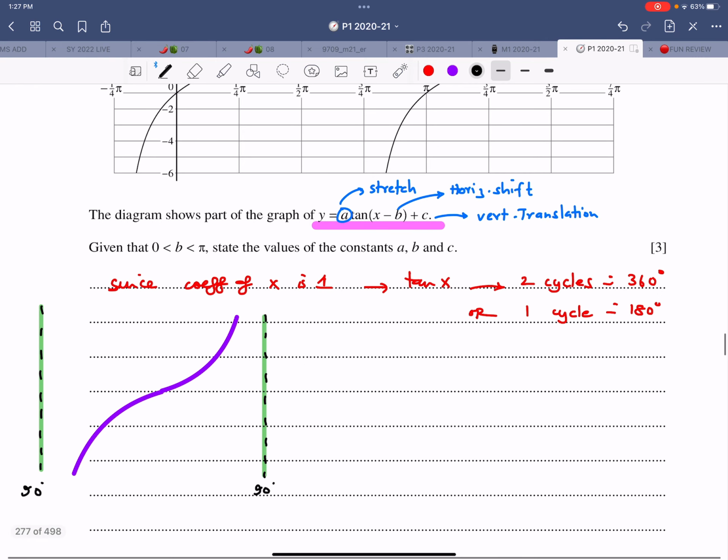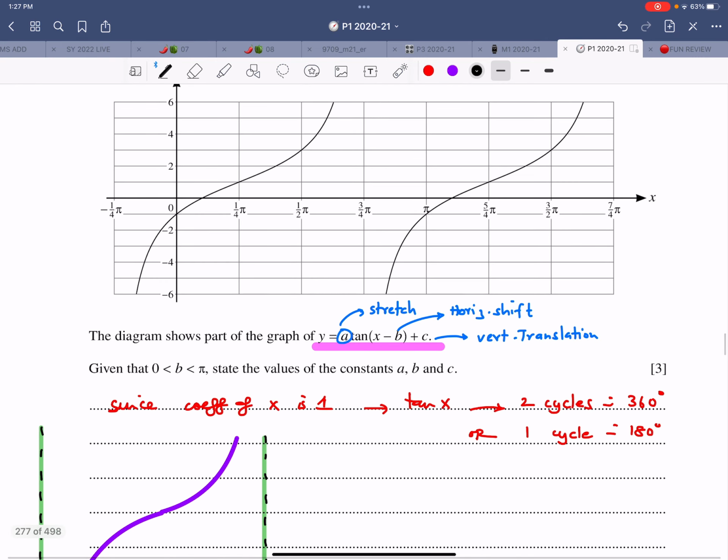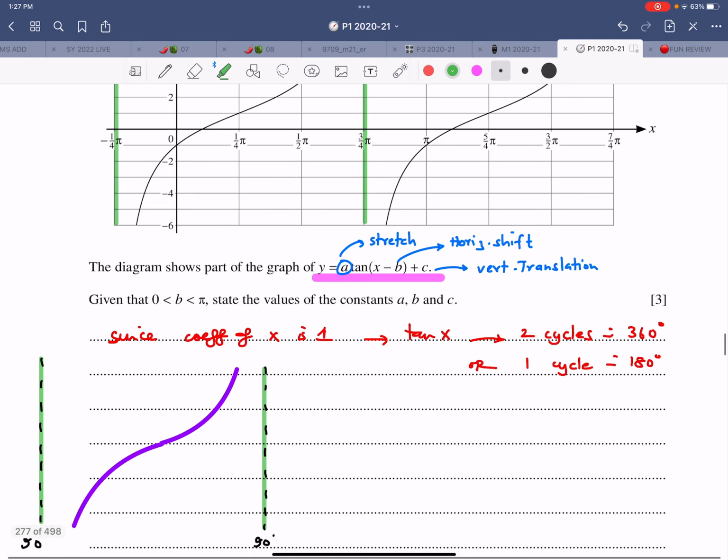Now, that means that my asymptotes, I'm labeling it as green, should be like this. That's how one cycle is, and should be like this. That's the first thing. These are my asymptotes. So my asymptote has been shifted to 3 pi by 4 instead of pi by 2.